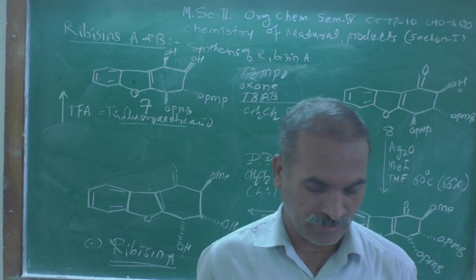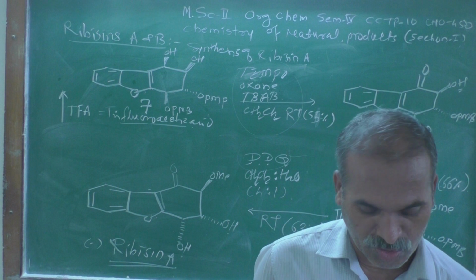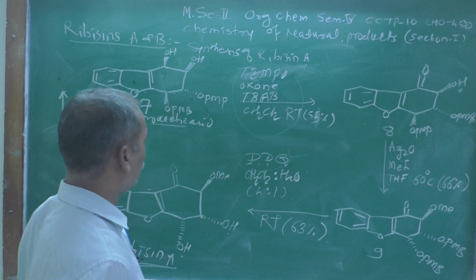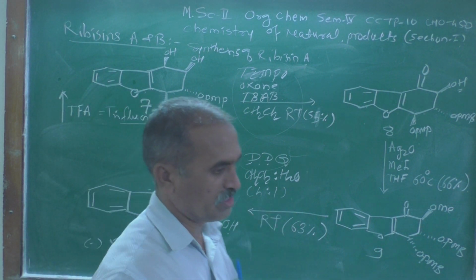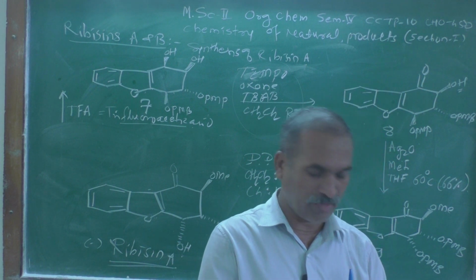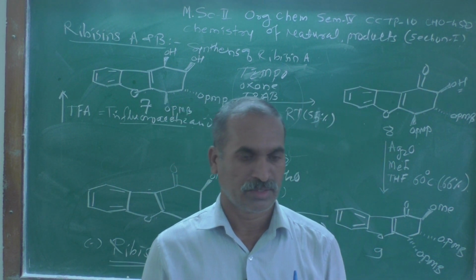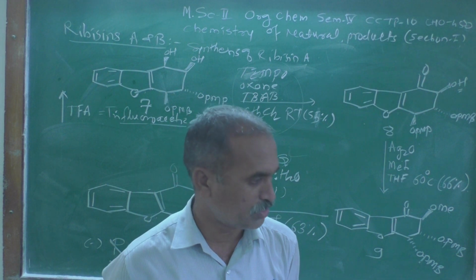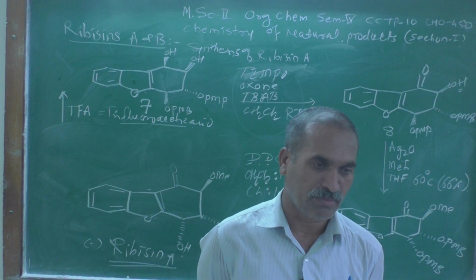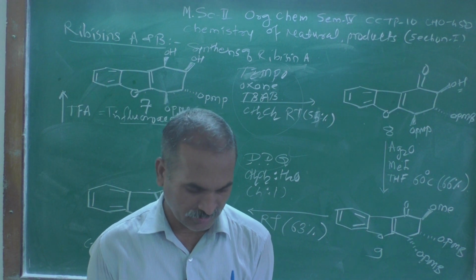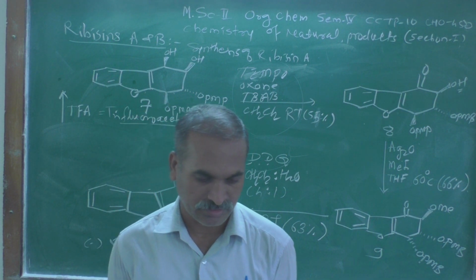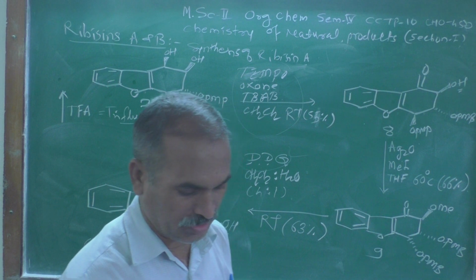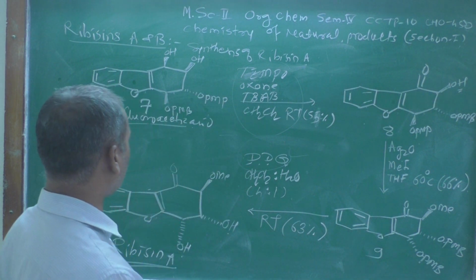So those are the uses of DDQ, which is finally used in this particular synthesis, and we got the minus ribosine A in high yield. So, this is the whole synthesis of ribosine A which we have described here, starting from the dibenzofuran, and starting from that furan we got here ribosine A. That is the scheme to synthesize minus ribosine.